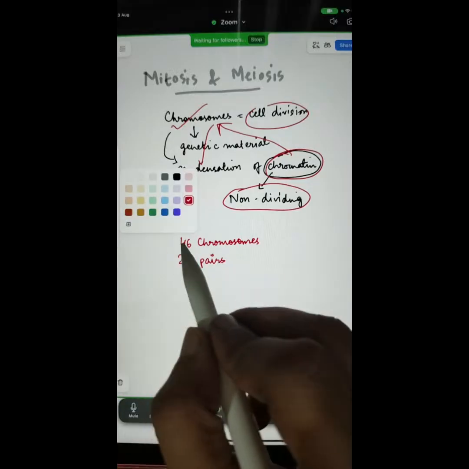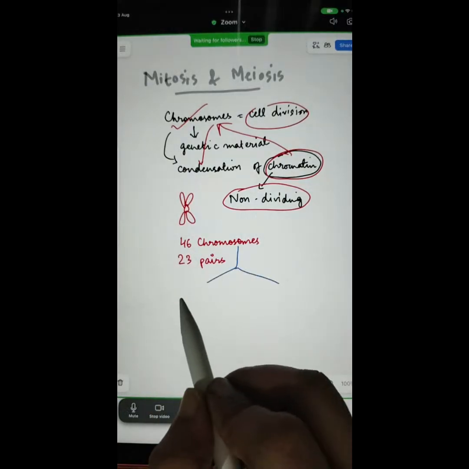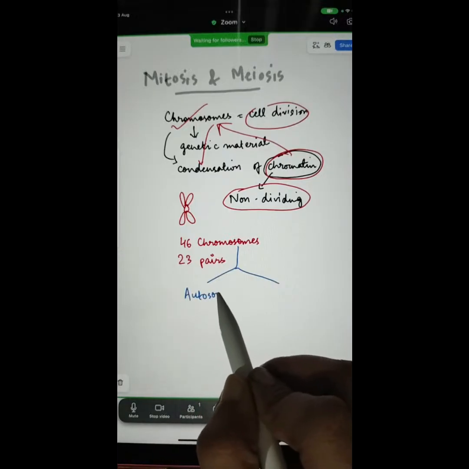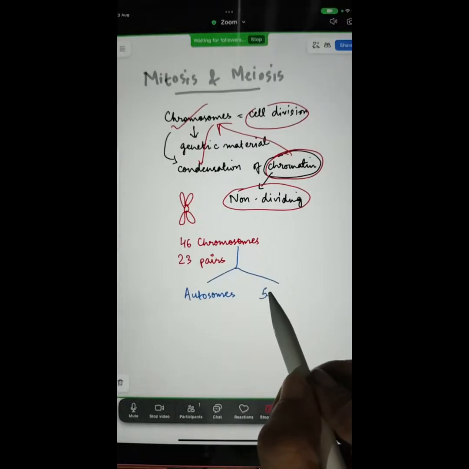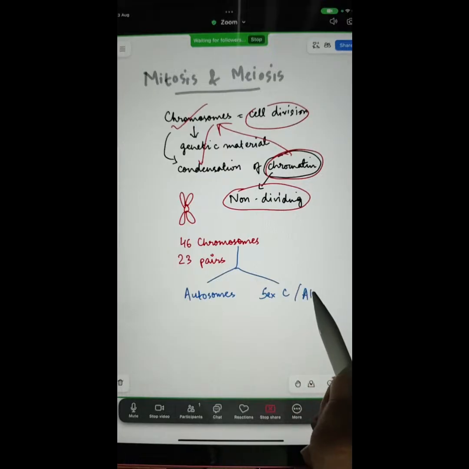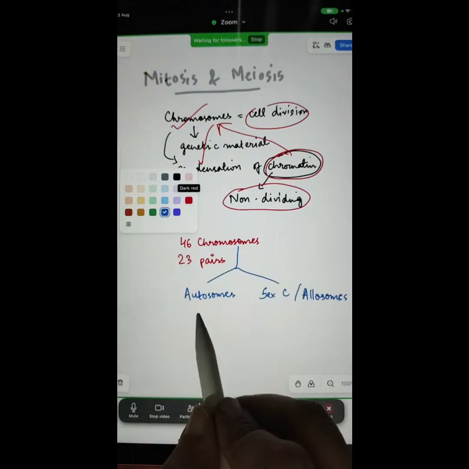Now, if I divide these chromosomes into two parts, so there are two types of chromosomes. One are known as autosomes and another are known as sex chromosomes, which are also known as allosomes, right? So these are the two types of chromosomes. You should also remember their number.